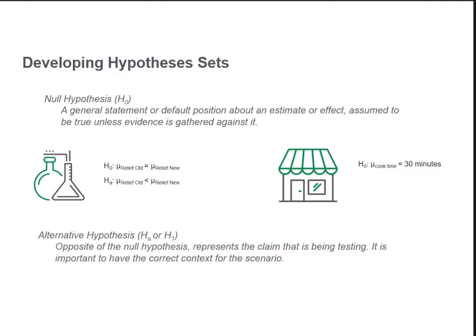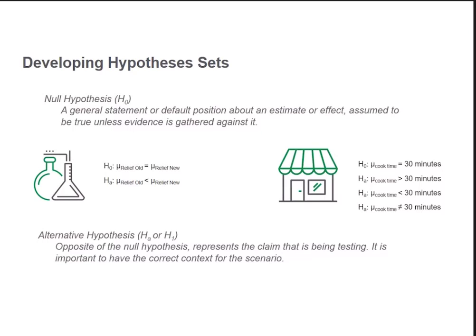If we think about the restaurant scenario, we'll see something a bit different. We can again list 3 possible alternatives and consider which one makes the most sense in context. The first one, where the cooking time is less than the stated 30 minutes, highlights a potential issue for the chefs not being able to plan when they need to check on the bread and take it out of the oven.